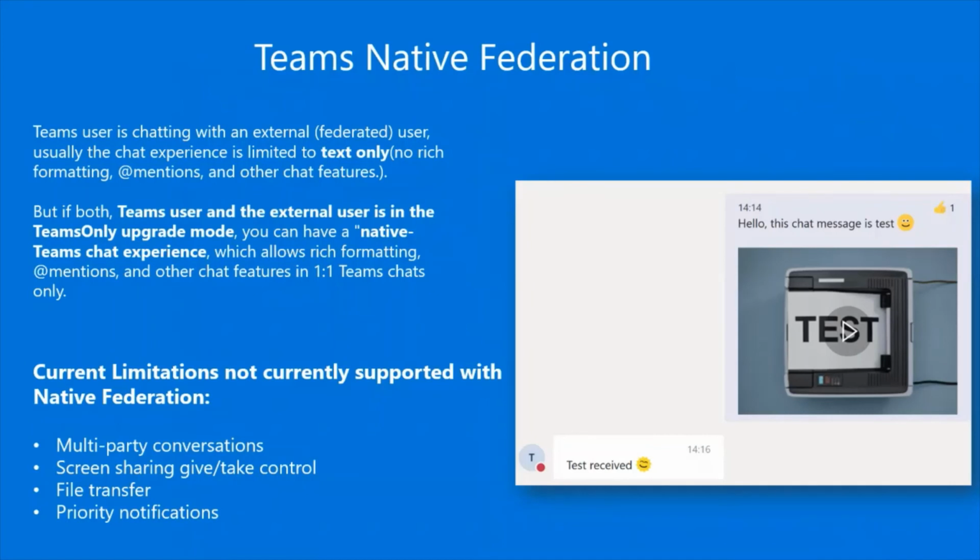So these are current limitations that are not supported with native federation, but for one-to-one chat, it is available for Teams only users. If both users, the federated user and the main user, are in Teams only mode and they have federation enabled, they can enjoy this Teams native federation, which looks so cool. We'll be moving on to the next slide.